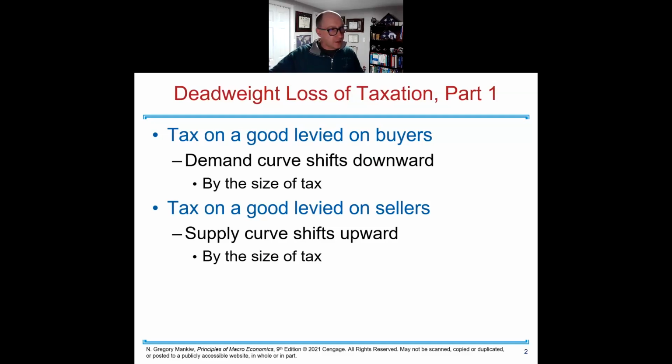The higher the taxes are, the lower the demand typically is. On the seller side, the suppliers and the retailers, the tax on the good or the service is paid by the sellers. The supply curve shifts upward by the size of the tax. So we can see it's an inverse relationship here.